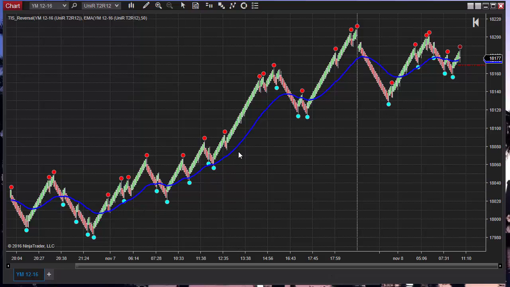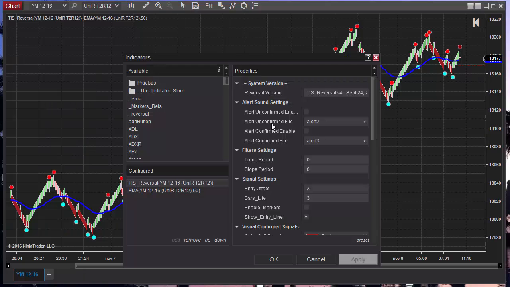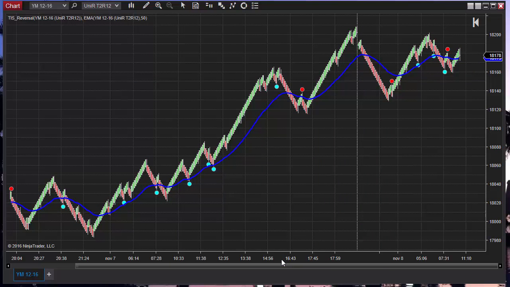If we also add a filter, maybe we need a slower line here, but let's try with the 50 again. Then we only get long signals and only this short signal here.